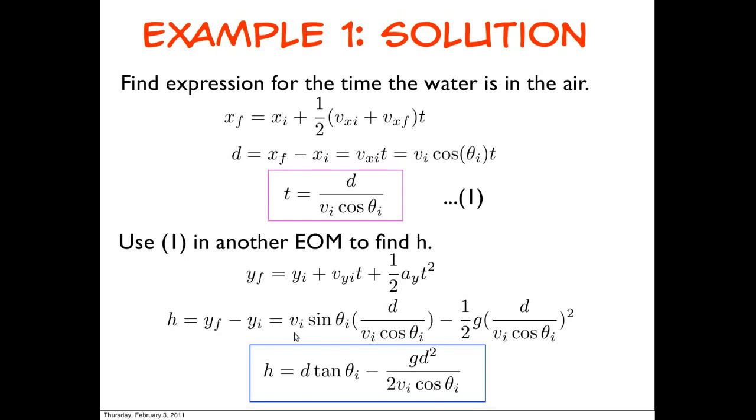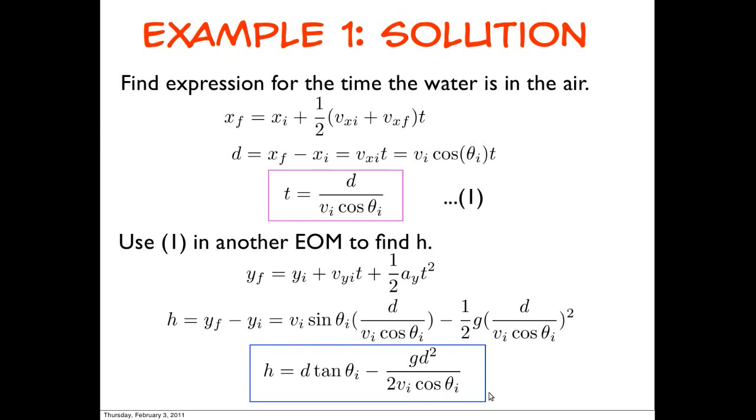This is equal to vi sine theta i, which is just the initial velocity in the y direction, times the expression for time that we found in number 1, minus 1/2 g times the time expression from number 1 squared. We do a little algebra and we end up with h is equal to d tangent theta i minus the quantity g d squared divided by the quantity 2 vi squared cosine squared theta i.